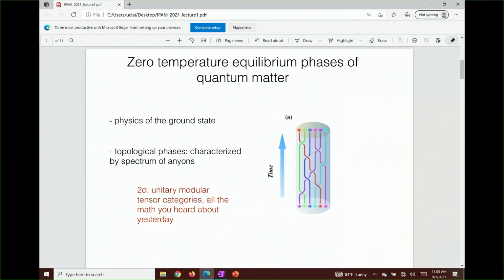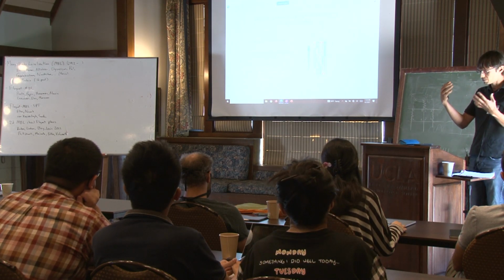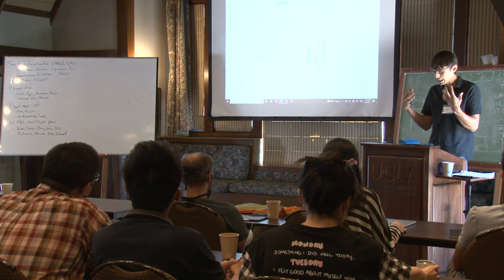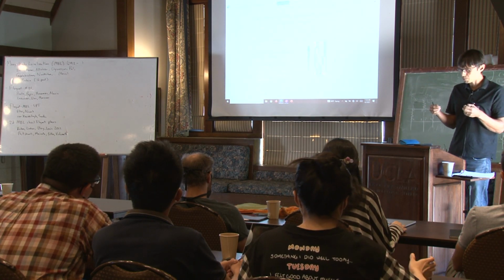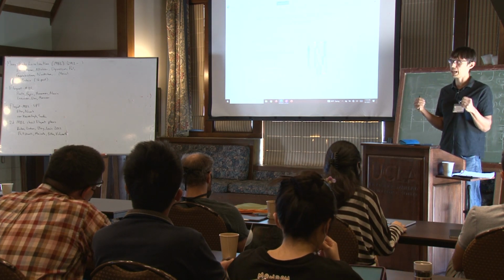The idea is that you have some kind of a many-body system, and you can think about qubits on a lattice, a many-qubit system with some kind of a local Hamiltonian. For the most part, here we think about gapped Hamiltonians, and then all the fancy math with the unitary modular tensor categories really relates to describing the properties of the ground state of such a local gapped Hamiltonian.